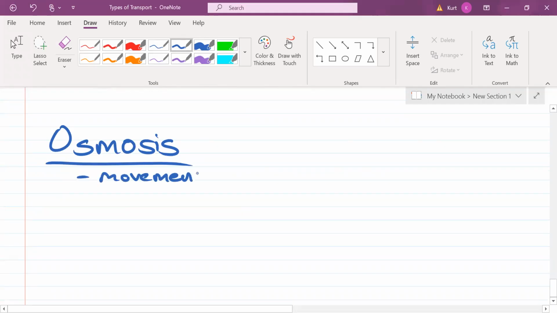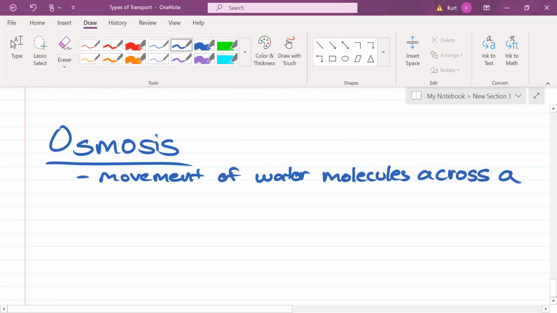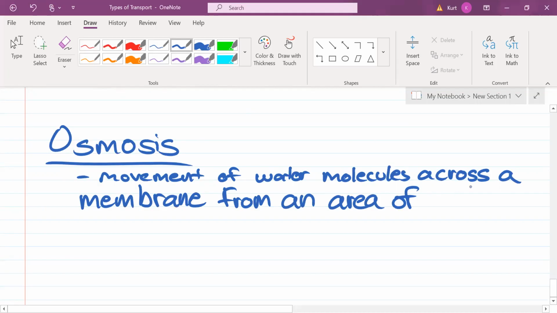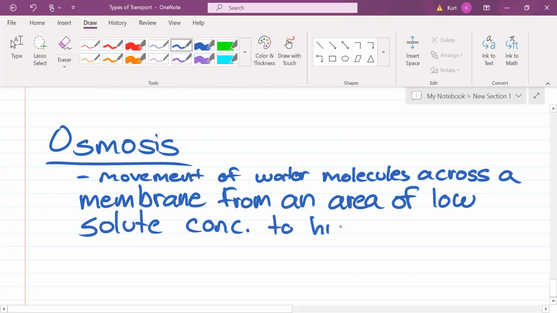Osmosis is the movement of water molecules across a membrane from an area of low solute concentration to high solute concentration.